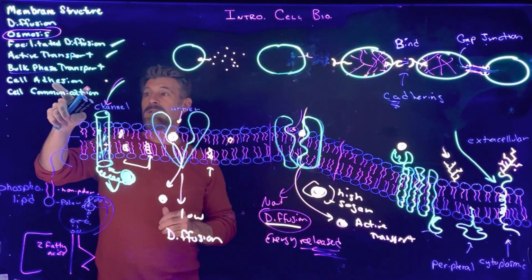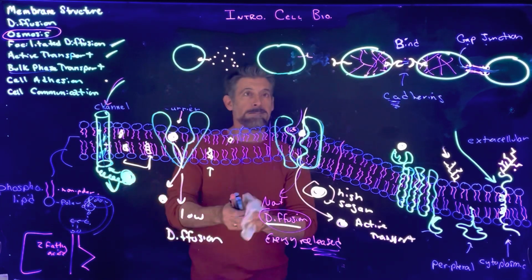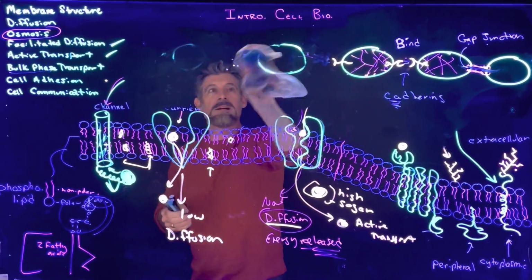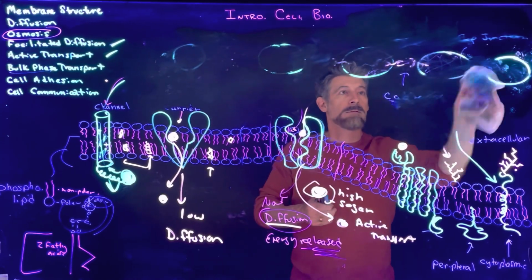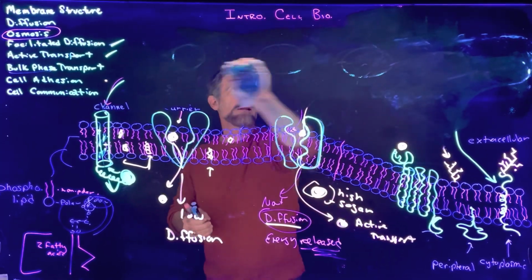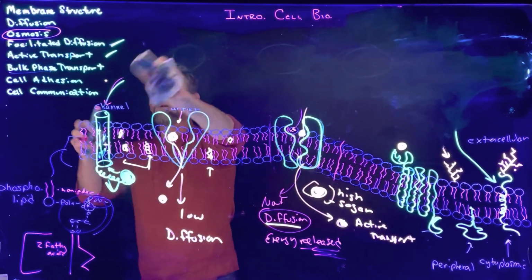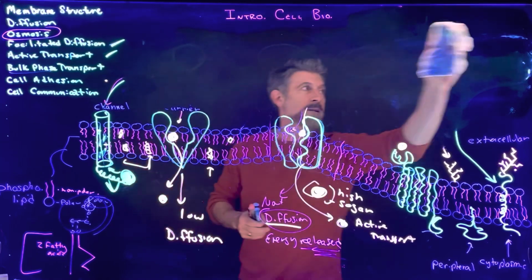All right, so that's our cell adhesion part. Again, there's more details in other lectures specifically on that. This is just a quick overview. And then finally, the last topic brings a lot of these things together, and that would be cell communication. Again, this is a big topic.